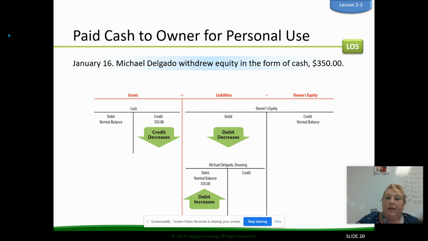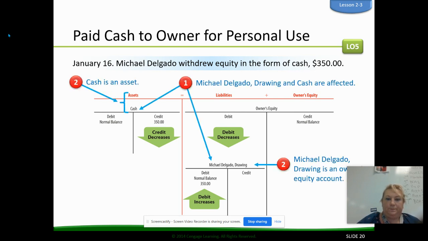Like I said, like expenses, it's set up very similar to the asset, debit, credit, plus, minus. So I'm going to keep track of how much he's taking out. That's why you see the plus on the debit side. And then we have to reduce our amount of cash because he's taking it out in the form of cash. So my cash is going down.